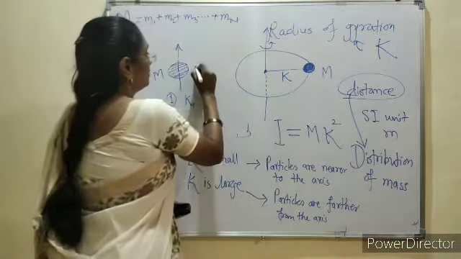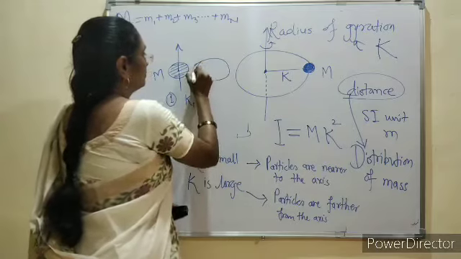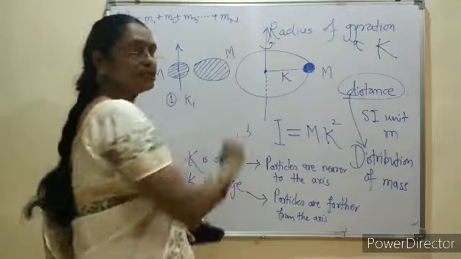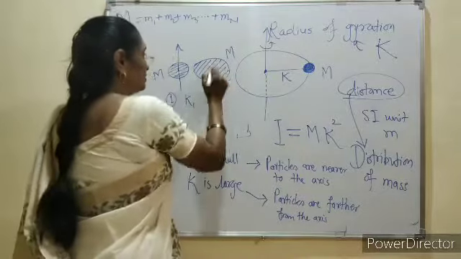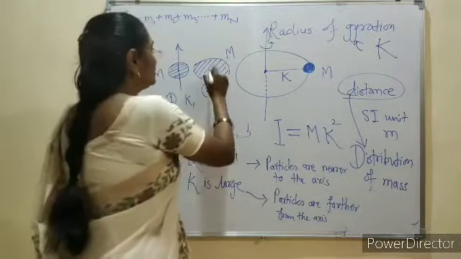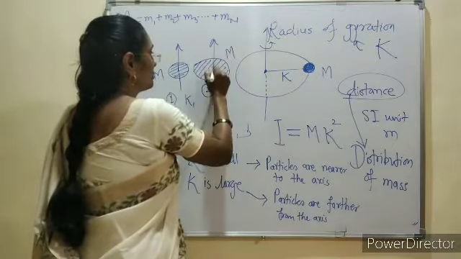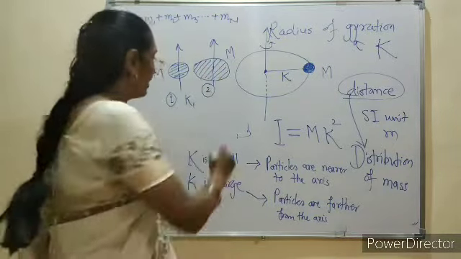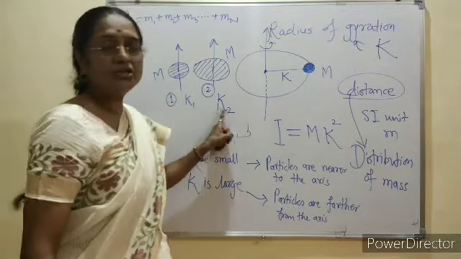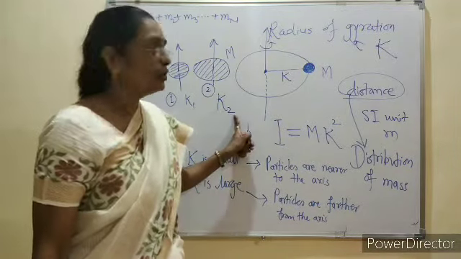And if there is another disc, but having the same mass m, suppose it is the second disc, in this case the axis of rotation is also the same, but k is different. Here k is denoted by k2.